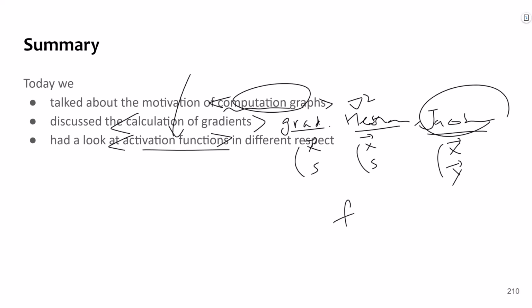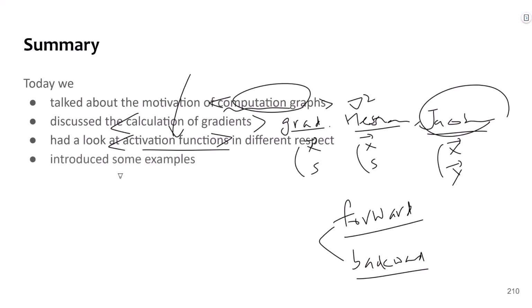We divided the forward path and backward path, and in the process of forward calculation, we stored some important values for the backward path. In that way, our backward path became efficient. And we introduced some concrete examples. Okay, that's the end of this session.